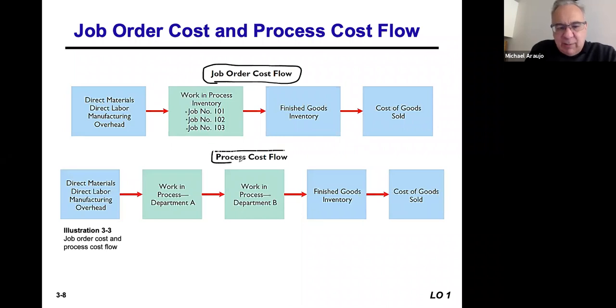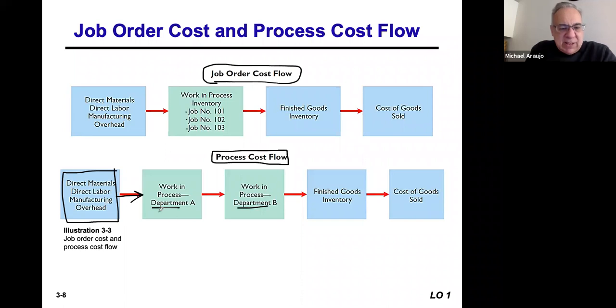Now there's really one difference to look at in the process cost flow system. Everything still starts with direct labor, direct materials, and manufacturing overhead, except when they're allocated now, they're allocated to departments. So there's going to be some materials, labor, and overhead directed to each department.